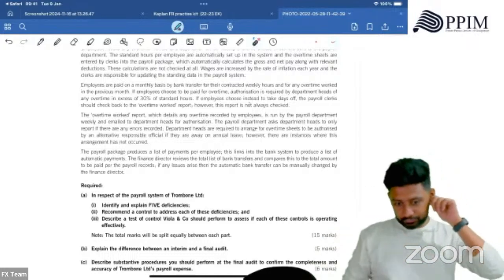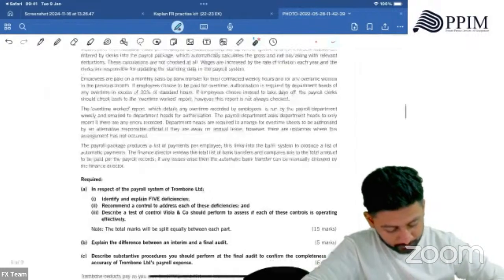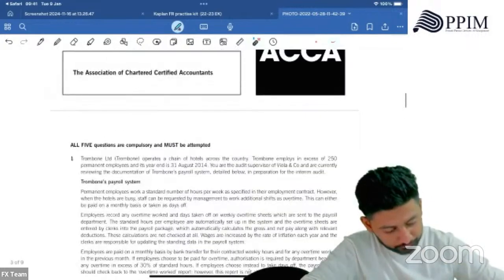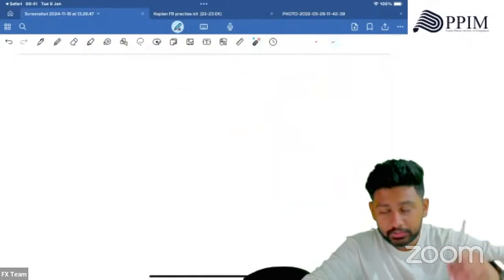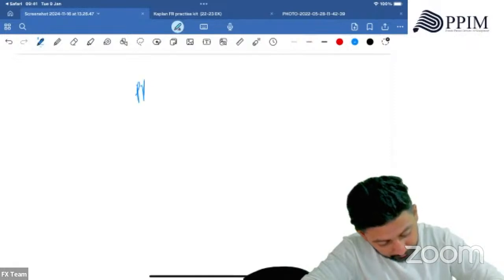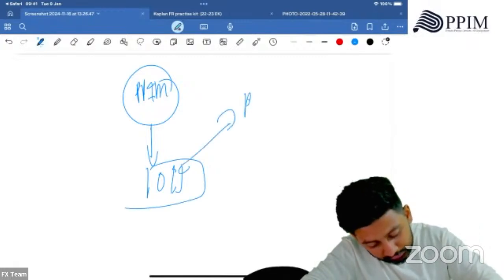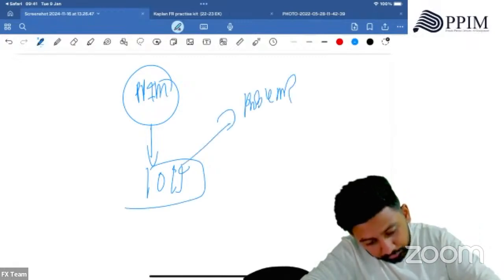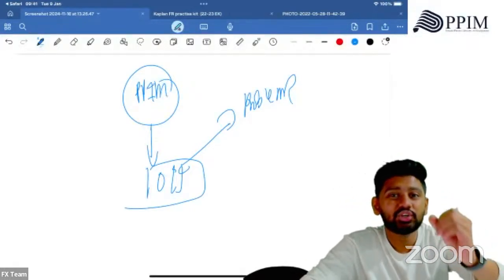Let me give you an example. Let's take PPIM, an easy example. In PPIM, staff are working overtime. The problem is overtime is not approved.